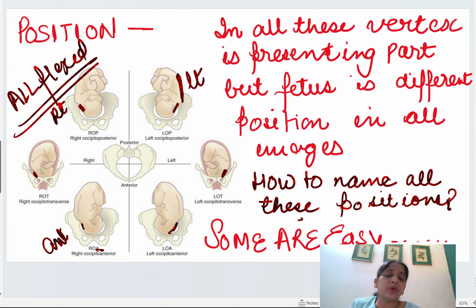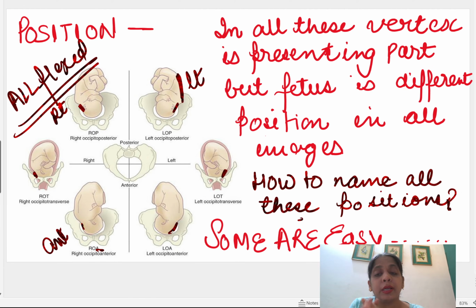Now we have to tell what all positions these are. We cannot tell it by the back, because the back is not something we can feel on PV. We can only tell the things which we feel on PV, that this is this part, and on PA it is all estimated.